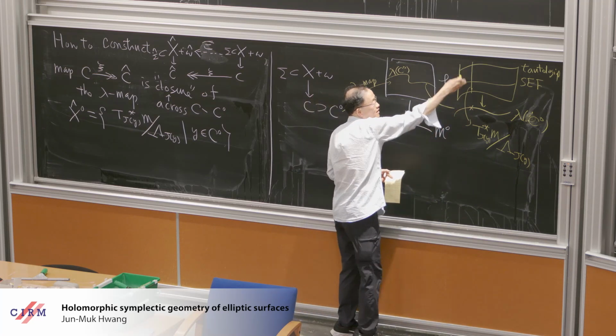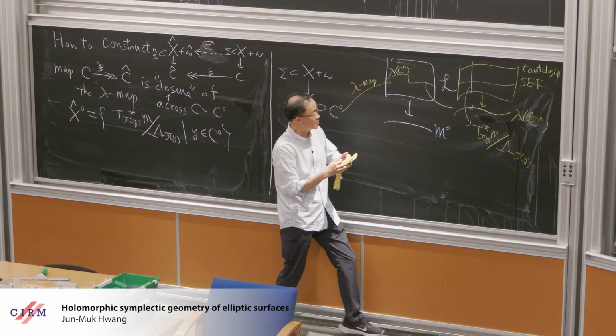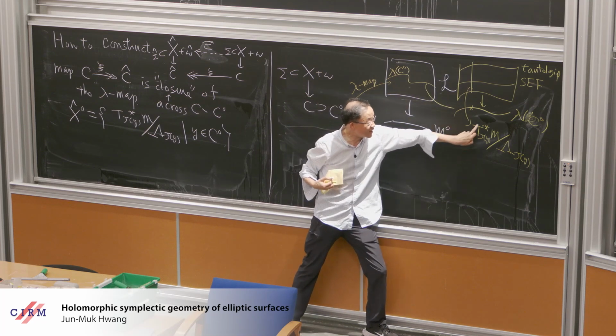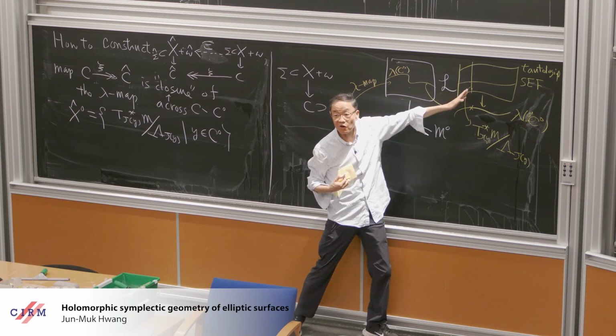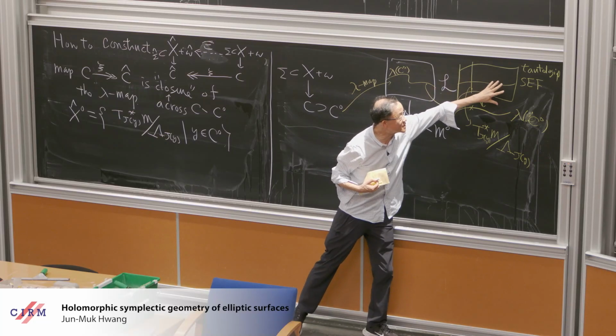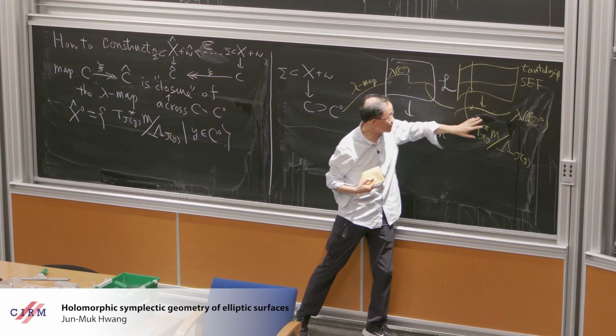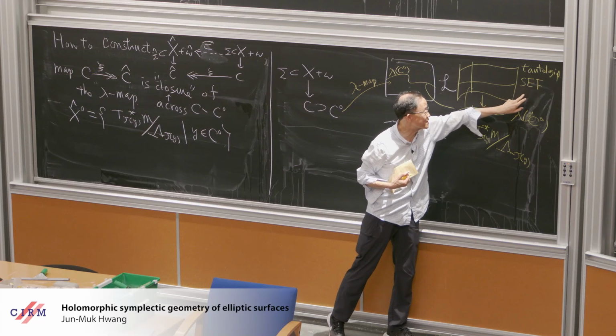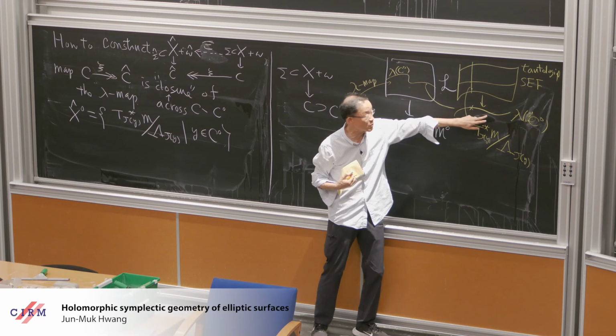At each fiber, the point of L is a lattice inside the cotangent space, so you have a natural elliptic curve over there. And the symplectic structure comes from the cotangent space of the moduli space.